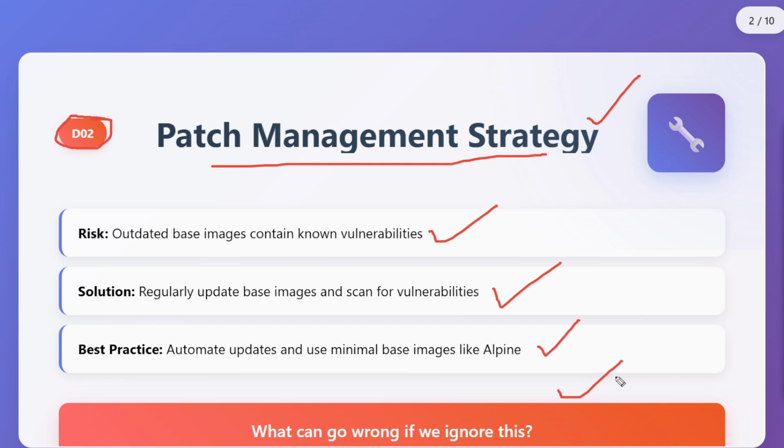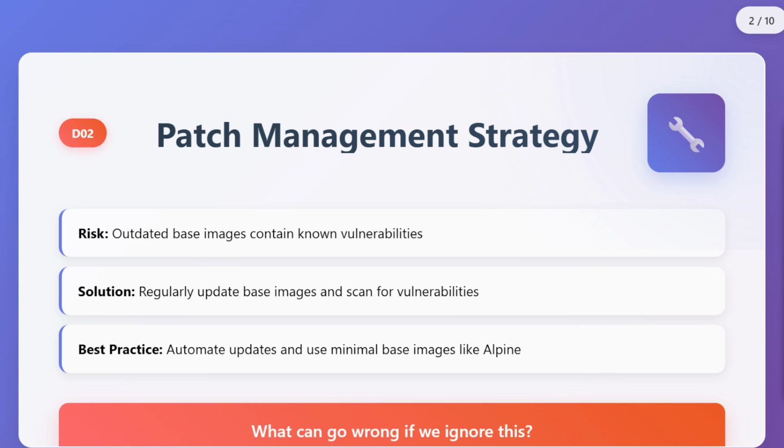In short, outdated images are like expired medicines: they might still work, but they can also make things worse, and may not work at all. So that is about patch management strategy.